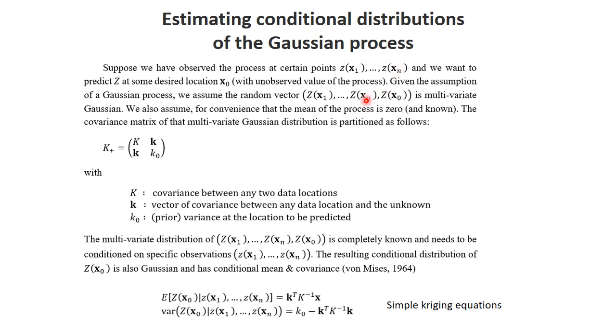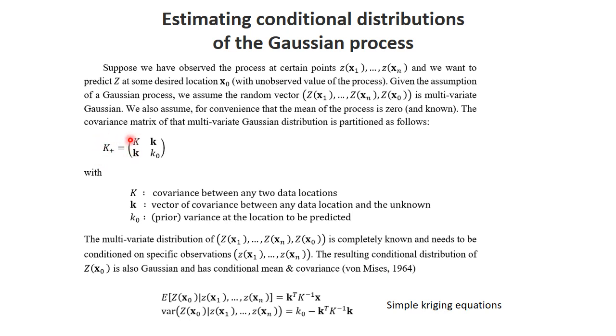So what we'll be assuming is that the joint distribution of all these is multivariate Gaussian. That also means that the conditional distribution of this given these is univariate Gaussian and has a certain mean and a certain variance. Let's look at the multivariate distribution of this. Remember that the multivariate distribution has a certain covariance matrix. Assume for now that the mean is 0. Then that multivariate distribution is uniquely defined by the covariance matrix, which is written over here.